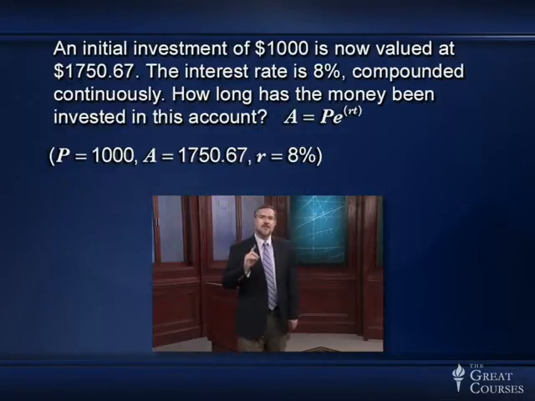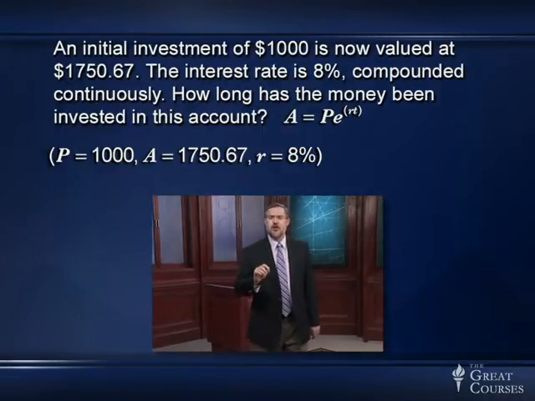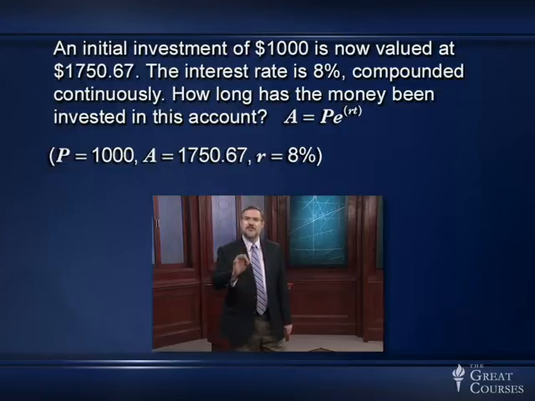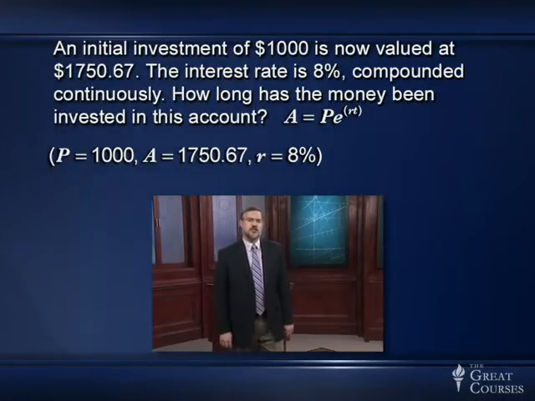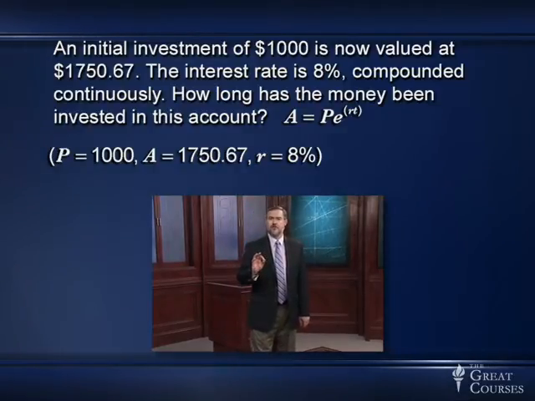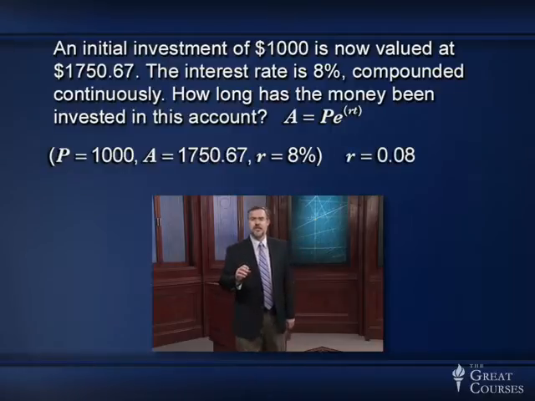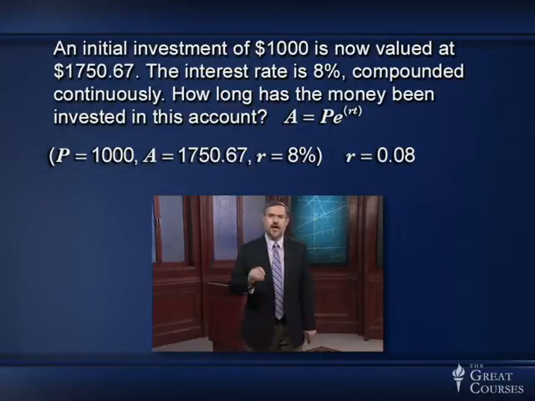But I don't want to leave that as a percentage in this problem. I need to convert it to a decimal number before I can actually use it in the formula. Now, how do you convert 8% into a decimal number? Well, the answer is 0.08.